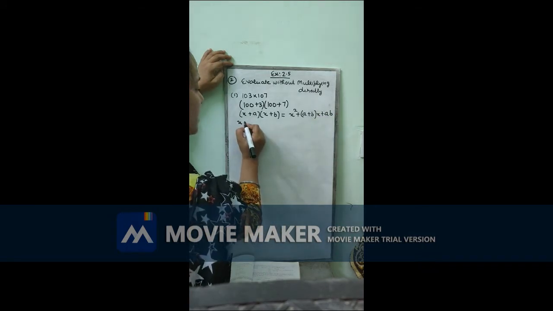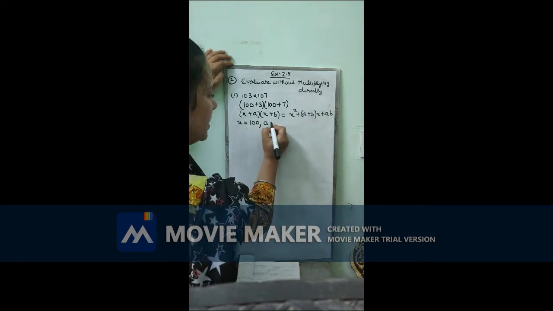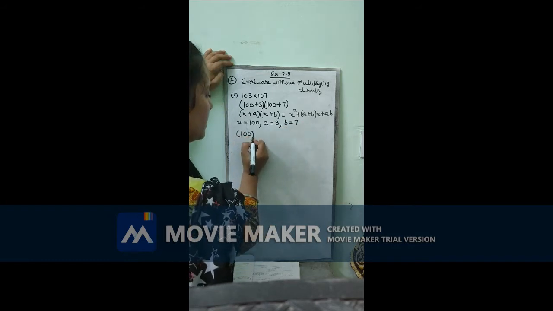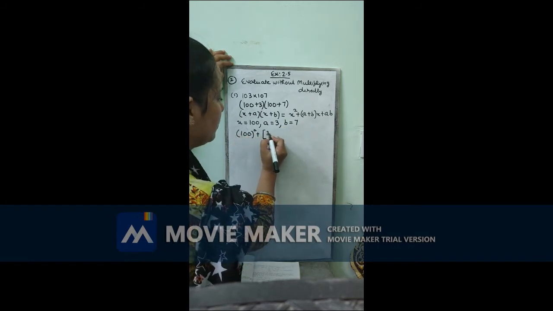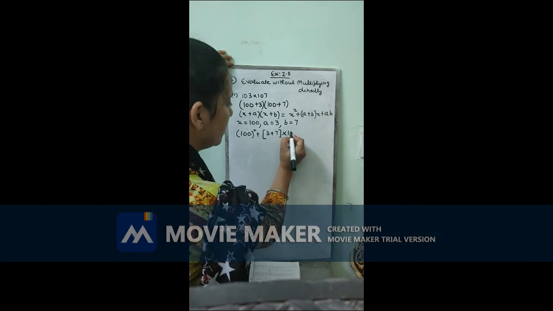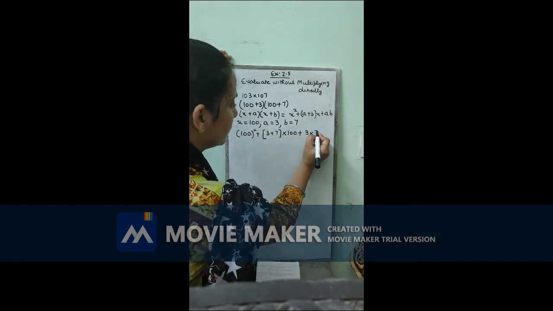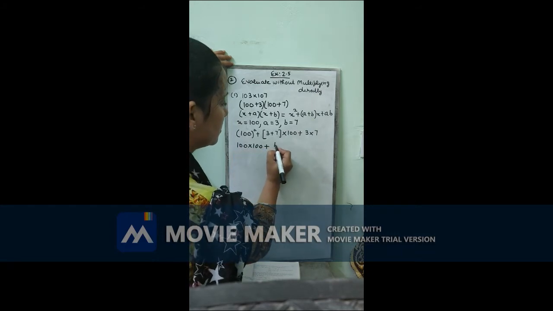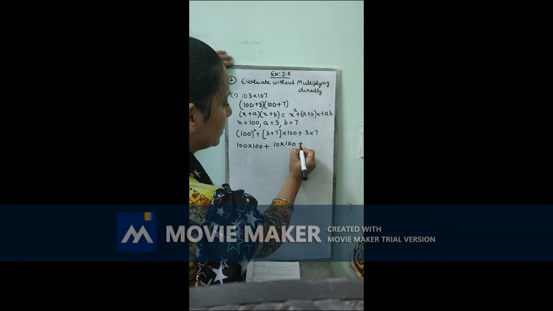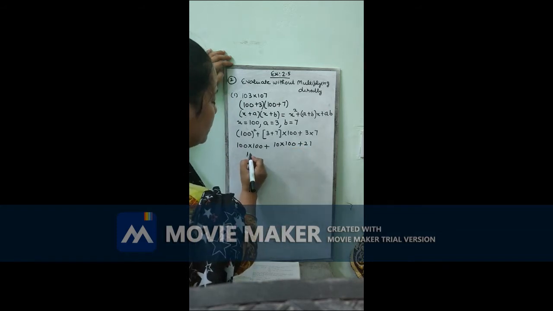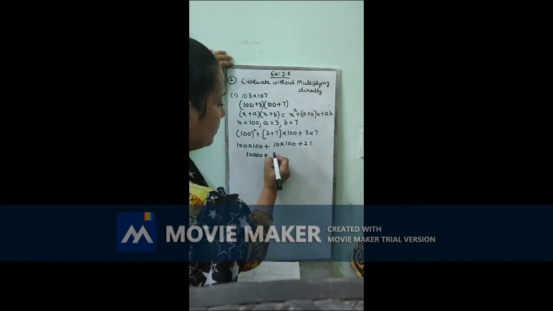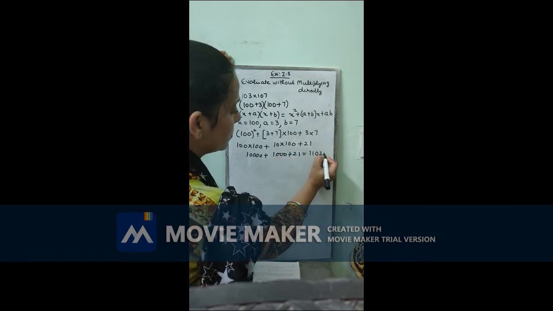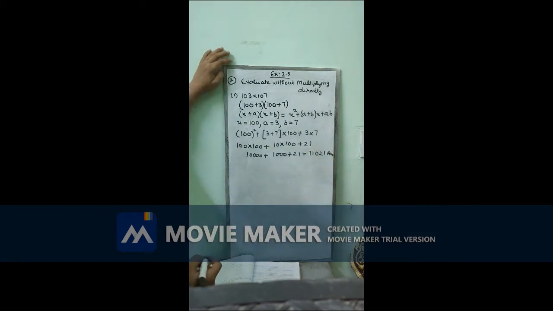Here x is 100, a is 3, b is 7. Means 100 square plus (3 plus 7) into 100 plus 3 into 7. Answer is 100 into 100 plus 10 into 100 plus 21. So your answer will be 10,000 plus 1,000 plus 21, 11,021. Clear?